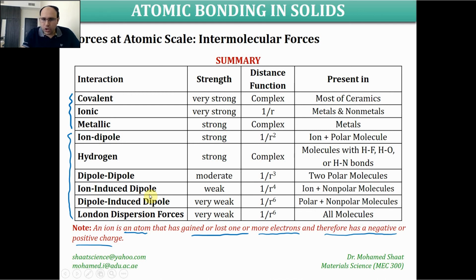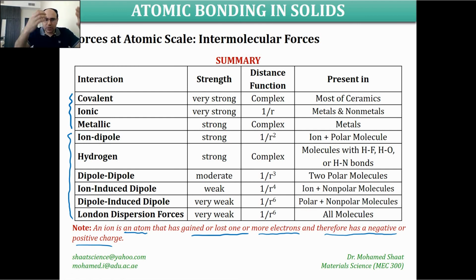Ion-induced dipole. It means that you have an ion, which is an atom with a charge. Induced dipole requires a nonpolar molecule. This type of interaction is going to generate between an atom with a charge and a nonpolar molecule. When they collide with each other, this nonpolar molecule will generate an induced dipole.